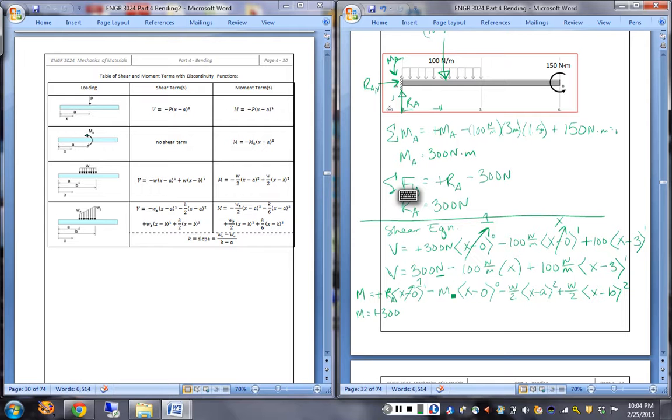The value of the moment at A was 300 Newton meters, so we have minus 300 x minus 0 to the 0 simplifies, x minus 0 to the 1 simplifies to x, minus 0 to the 0 simplifies to 1.